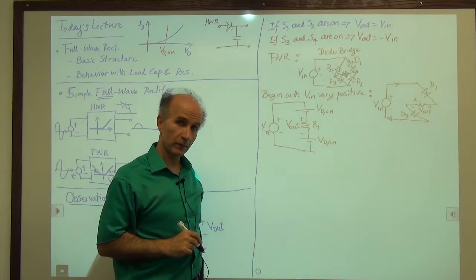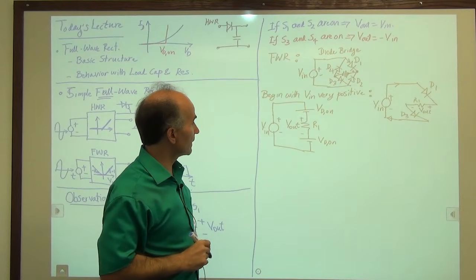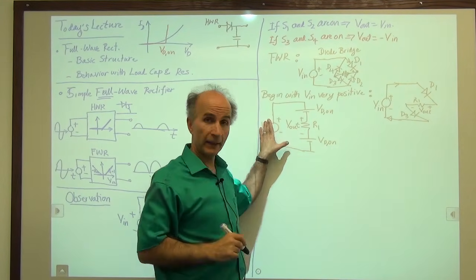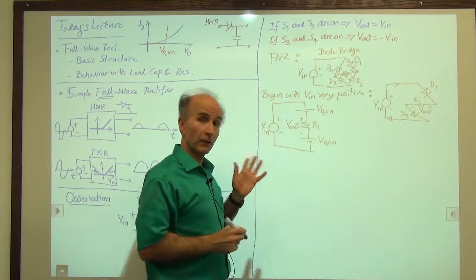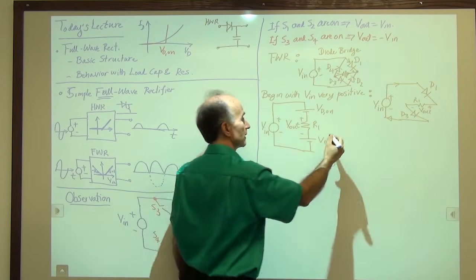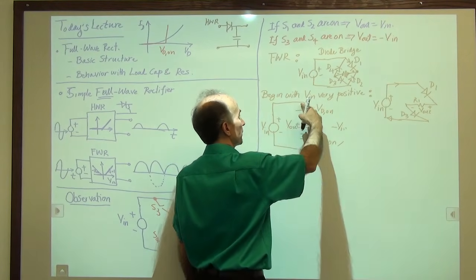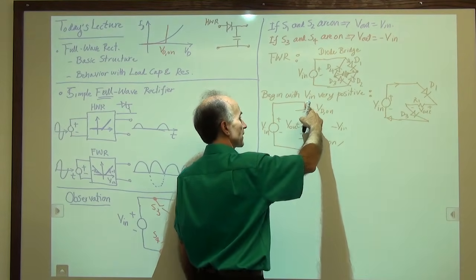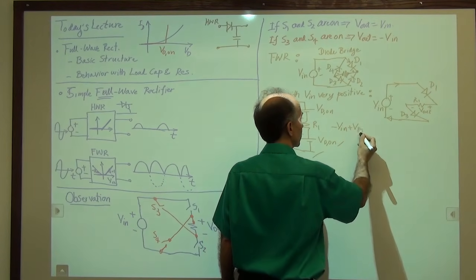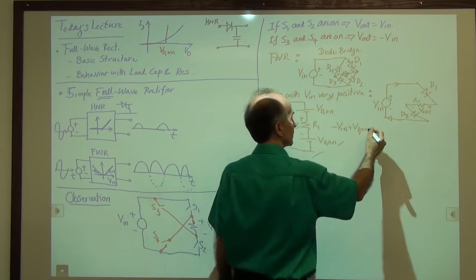Can I measure V out? How much is V out? Well, V out is not that hard to measure. We can write a KVL. So let's write a KVL very carefully, okay? We start from here, say minus V in, plus VD on, the battery positive on this side, plus VD on. Going down here, plus V out.